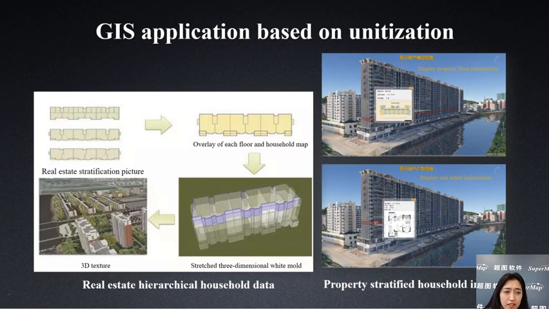And there is also the JS application based on the utilization. It could apply in real estate certification, and we have the certification picture, and we could overlay each floor and household map, and stretch it as a 3D model, and texture it as a 3D texture.